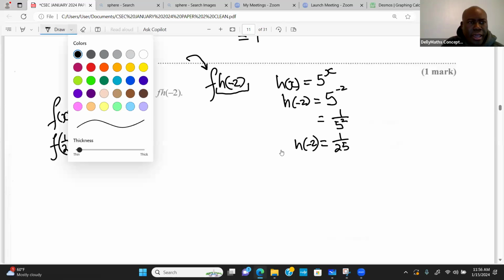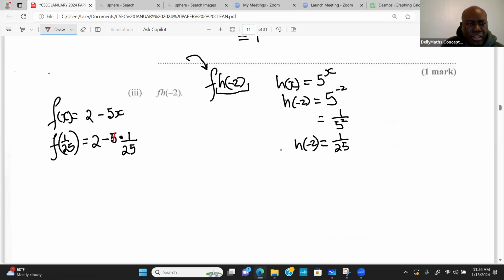As you could see right here, we could do some quick canceling. 5 into itself, 1. 5 into 25 goes 5 times. So what we really have here is actually 2 minus 1 over 5, okay?